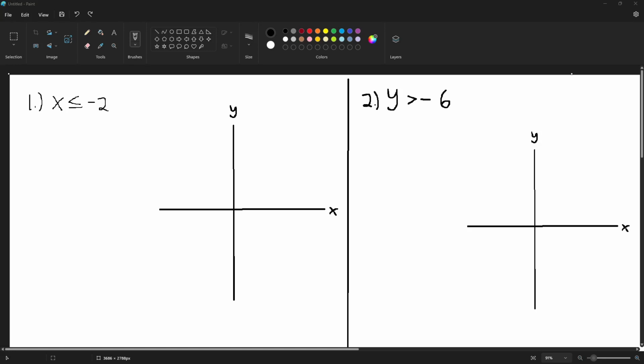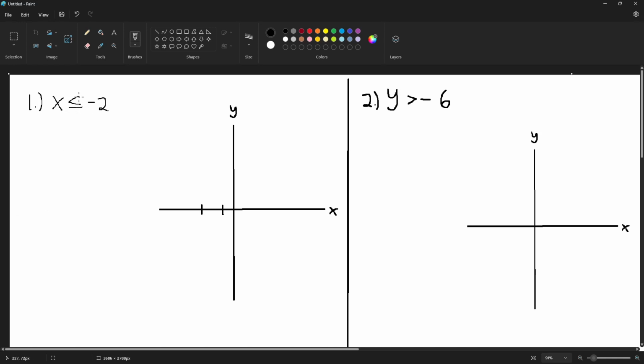So, for number 1, we have here an example of an inequality, which is x is less than or equal to negative 2. To graph this inequality, we should first look at the given variable, which is x. And x is horizontal, therefore we will count negative 2 horizontally. So in this case, it's negative 1, negative 2.